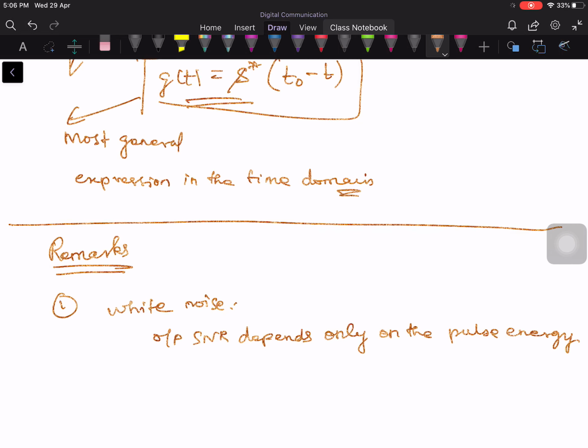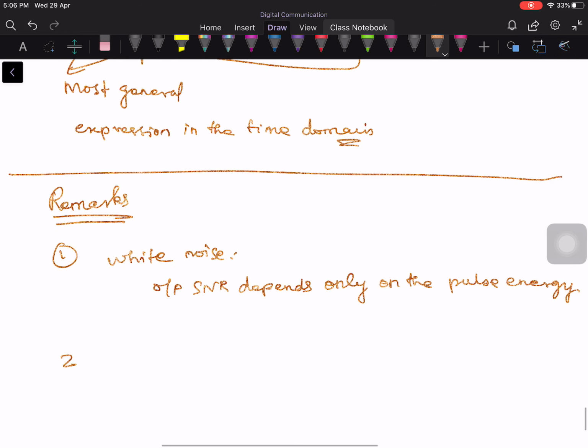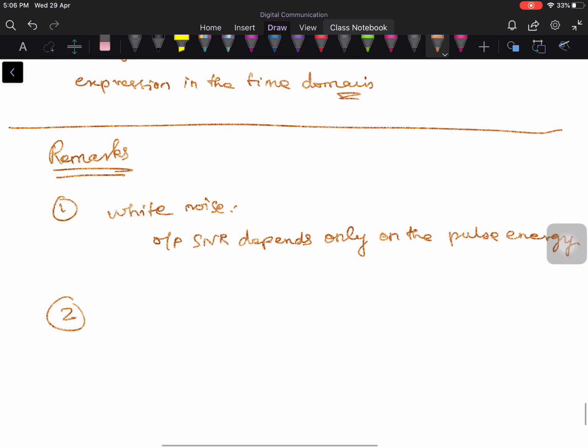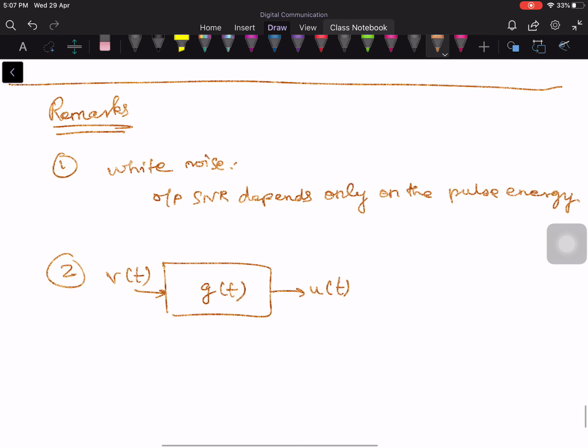Second important point is the nature of the matched filter. The output of the matched filter is U of t and the input is V of t. Then this is G of t, right? Now what is U of t?